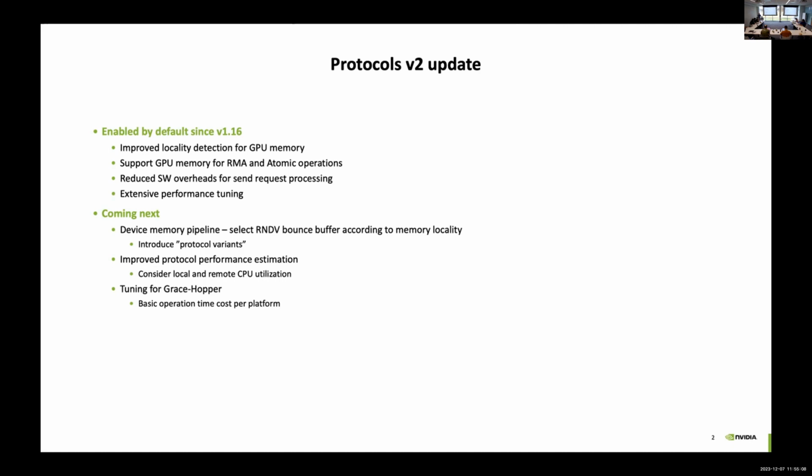And we plan to do performance tuning for the Grace Hopper platform. Part of that is going to be introducing some sort of database or a configuration tree or YAML or some hierarchical structure that would capture the performance characteristics of a specific system. For example, posting a doorbell on x86 is not the same as posting a doorbell on an ARM CPU.